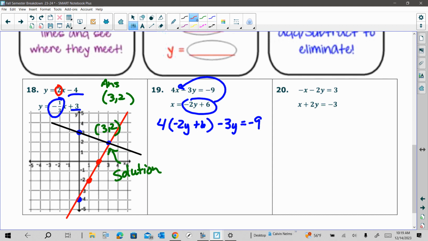Now we're solving for y, so we have to distribute. -8y plus 24 minus 3y equals -9. We're going to combine these like terms. The y's become -11y.